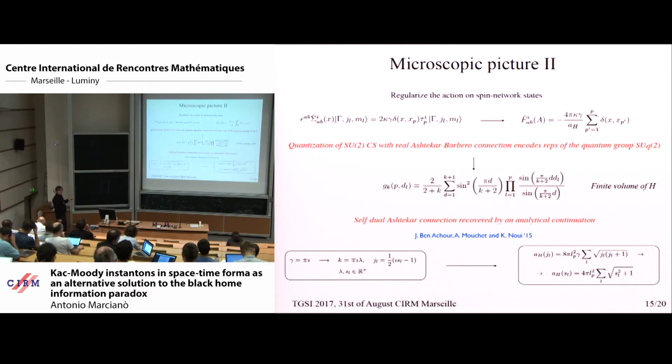But what is important is that since we are taking into account a mesoscopic picture from the beginning, the area of this black hole, anti-black hole, must be finite a priori. So basically, the representation here is always finite, and also the dimension of the Hilbert space will be finite.